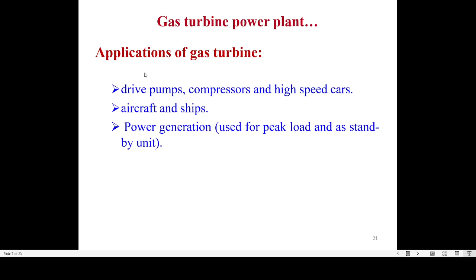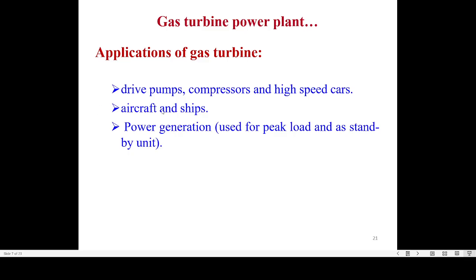Coming to the wide areas where gas turbines are popularly used, that is, applications of the gas turbine. They are commonly used for driving different types of pumps and for the operation of compressors. They are commonly used in high speed cars as well to get rapid acceleration.